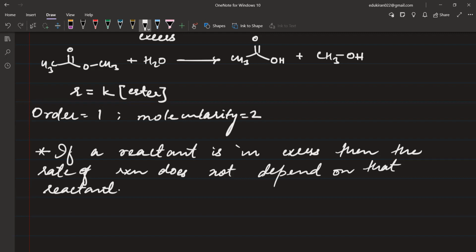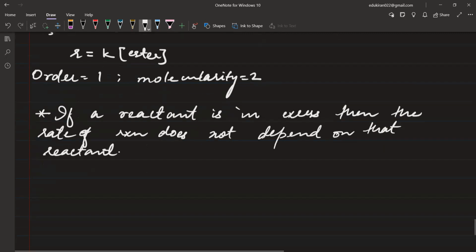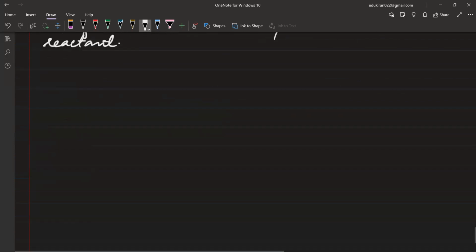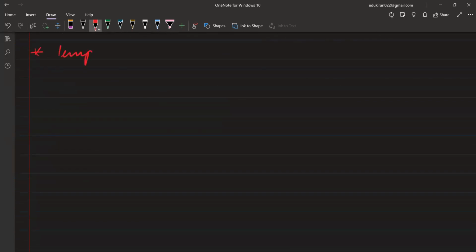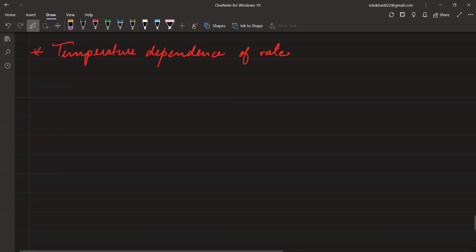Right, next. Temperature dependence of rate. First of all, you all will tell me, don't write anything.